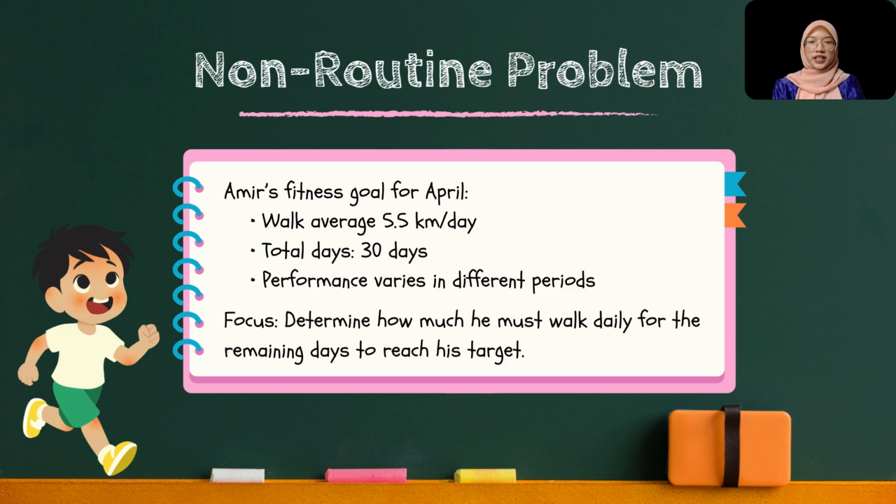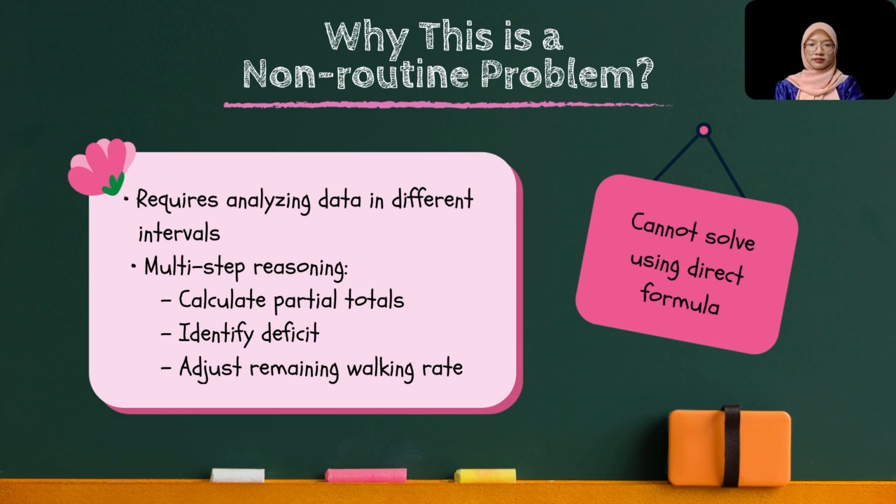For example, if we realize we are behind in our target, it doesn't matter whether it's fitness or saving money, reasoning helps us adjust our plan for the remaining days. So why is this a non-routine problem?